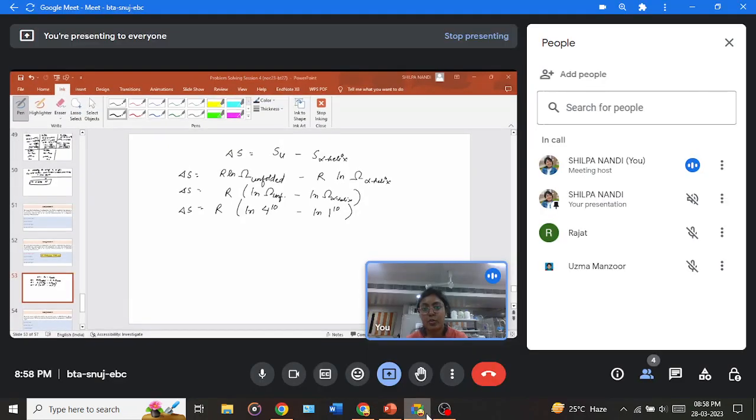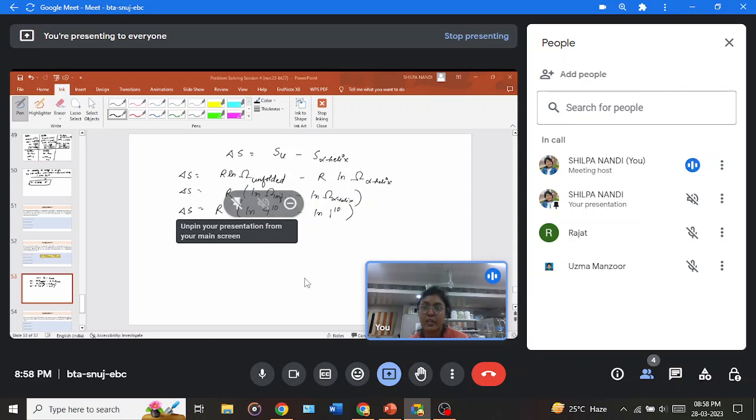Why 4 to the power 10? Because it can attain 4 different configurations, and the total number of amino acids present in the polypeptide is 10. Whereas in case of alpha helix, it has only a single conformation and it has 10 amino acids. So if you solve this, you will be easily able to answer the question.